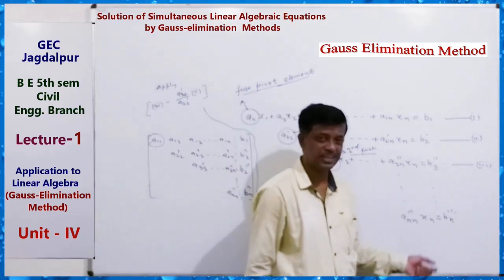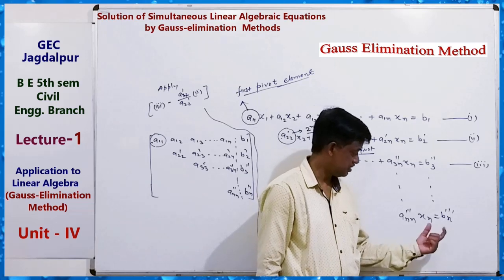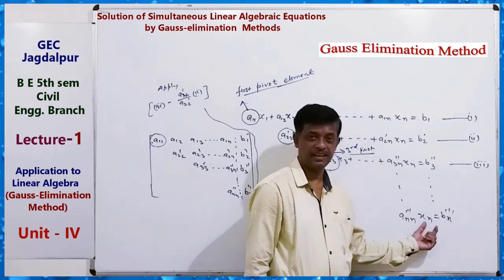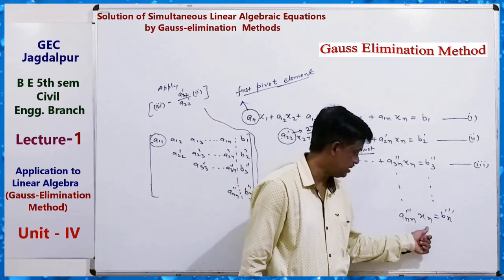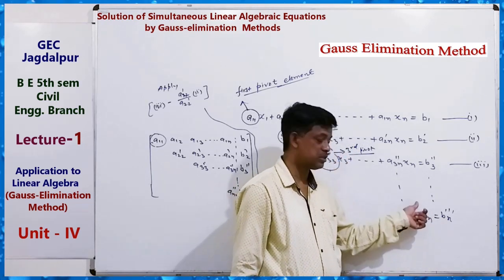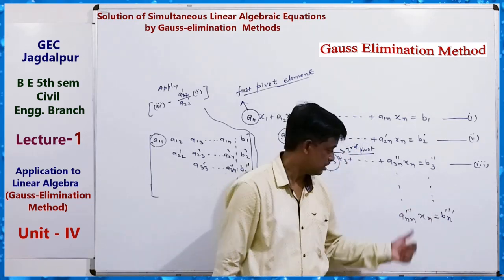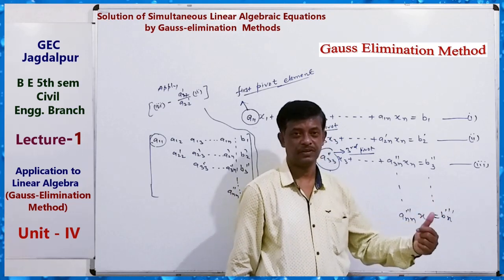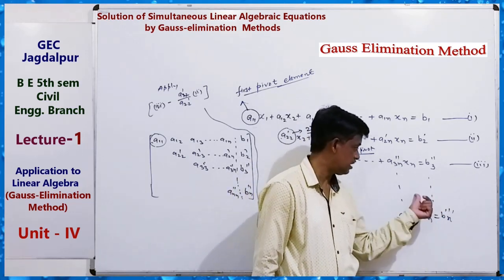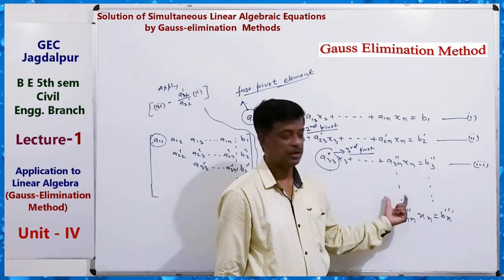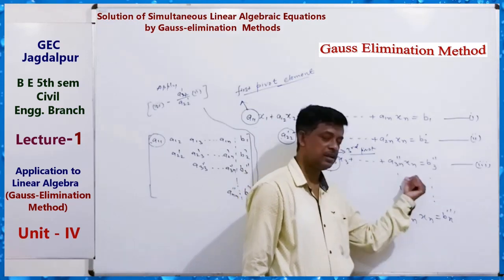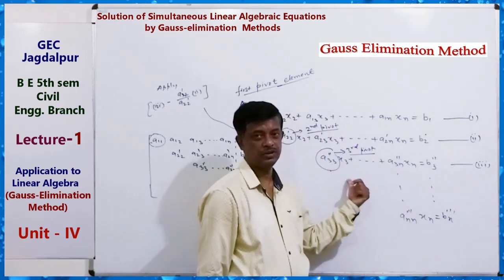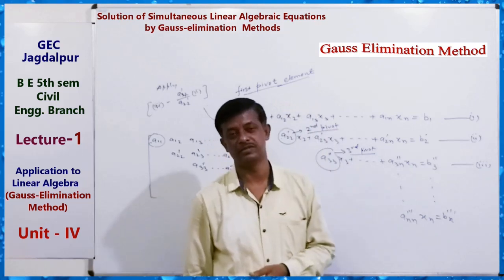From this equation we can get the value of xn. Using this xn, its previous equation will contain two unknowns, xn minus 1 and xn. So by putting this xn here, we can get xn minus 1. By putting these two values here, we can get xn minus 2. And similarly, we can get all the values.